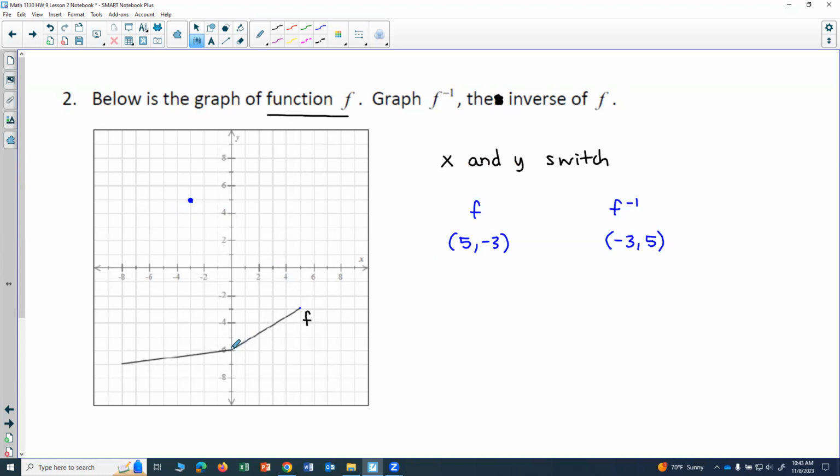And then I'm going to look at the corner point right here. On f, I have the point (0, -6). So on f inverse, I'm going to have the point (-6, 0). Let me go ahead and label those. So this is (-3, 5). Here's the point (-6, 0).